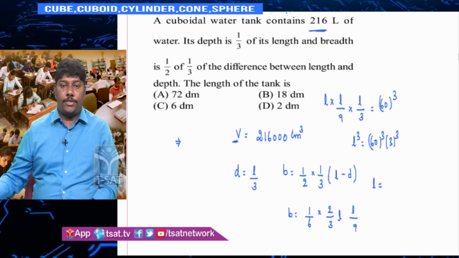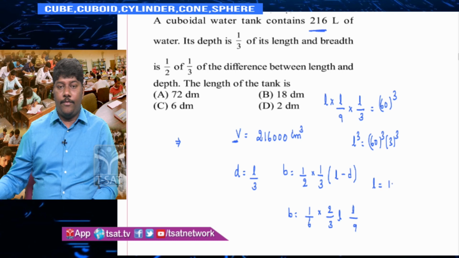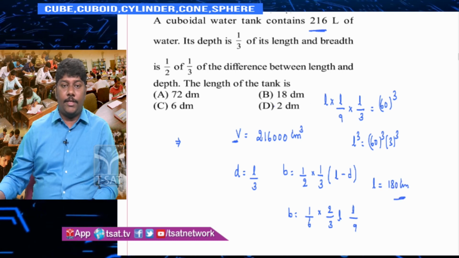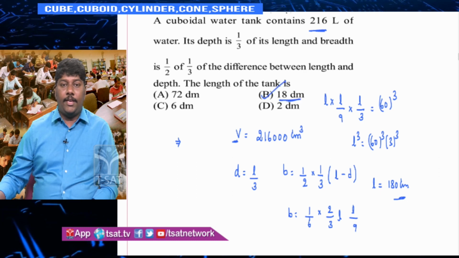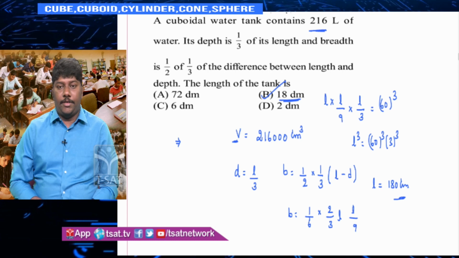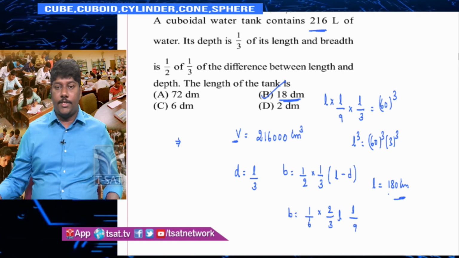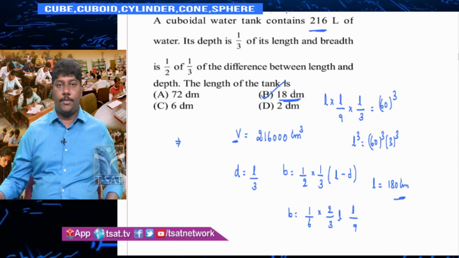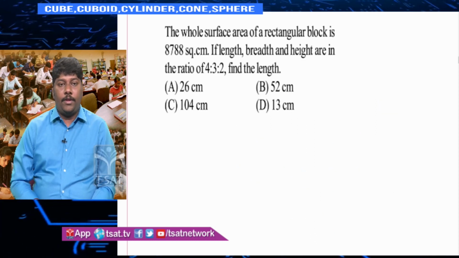Therefore, the length is 60 into 3, 180 centimeters. He is asking for the length, therefore you can say 18 decimeters. Each decimeter is equal to 10 centimeters, so I am converting centimeters to decimeters by dividing by 10. It becomes 18 decimeters.